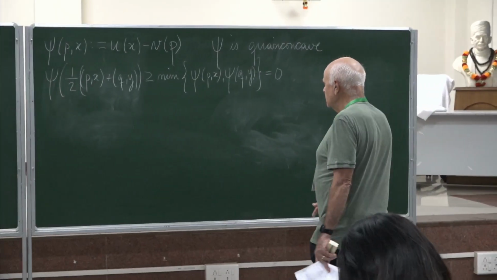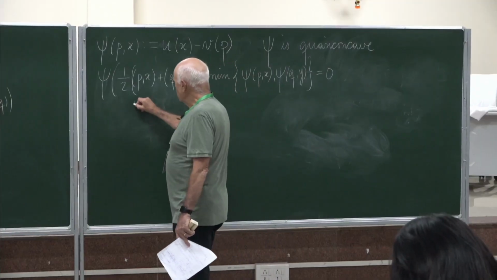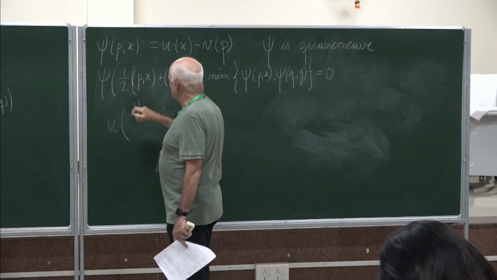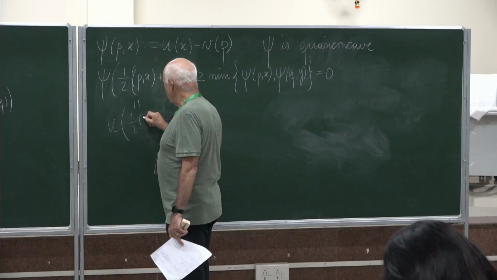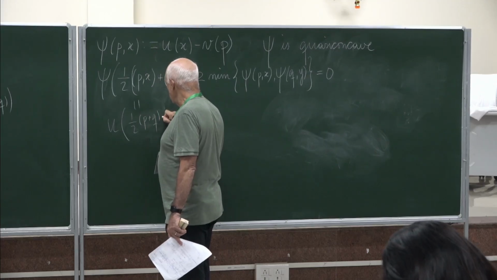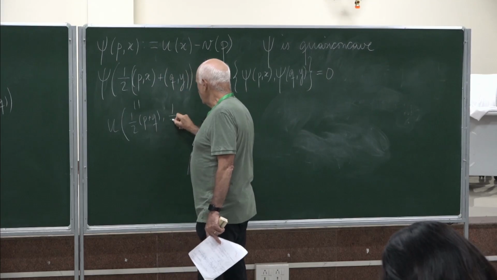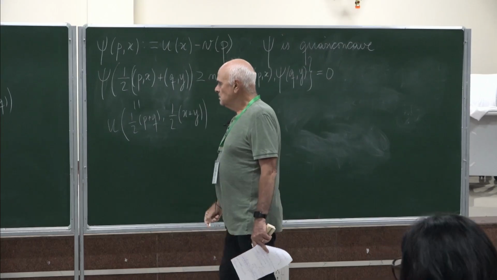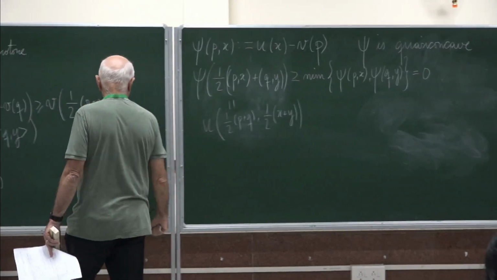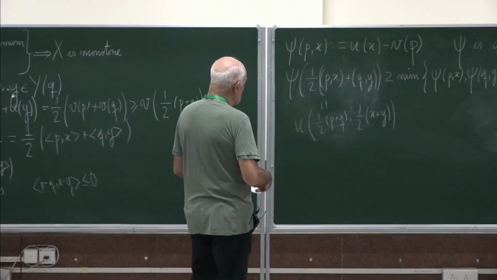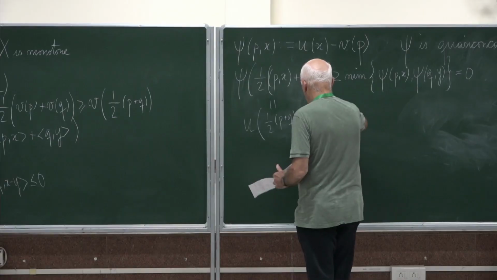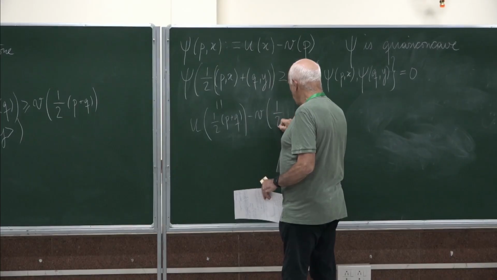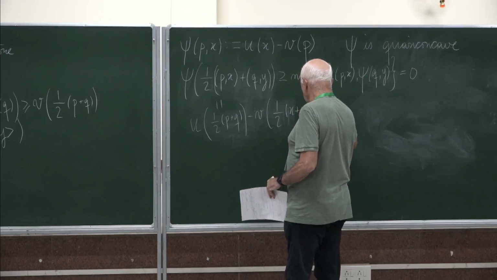And then, by definition of psi, this is U of 1/2 of x plus y, minus V of 1/2 of p plus q.